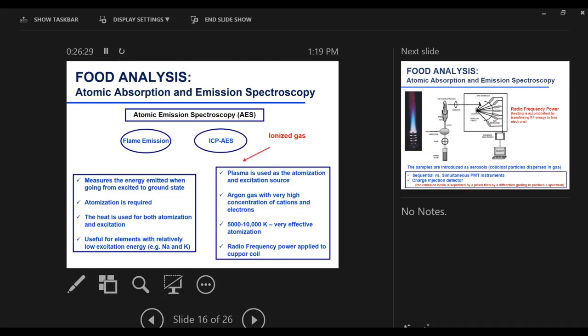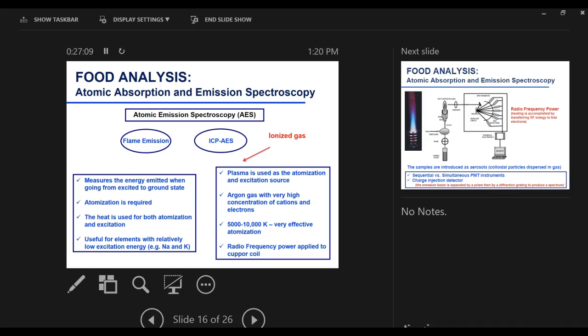So flame emission spectroscopy is phasing out, and ICP is getting more use right now. So the ICP again is inductively coupled plasma atomic emission spectroscopy. It's called inductively coupled plasma because we are using plasma and we're using radio frequency applied to a copper coil to generate the energy to heat up an inert gas to generate a plasma, which is the fourth state of matter.